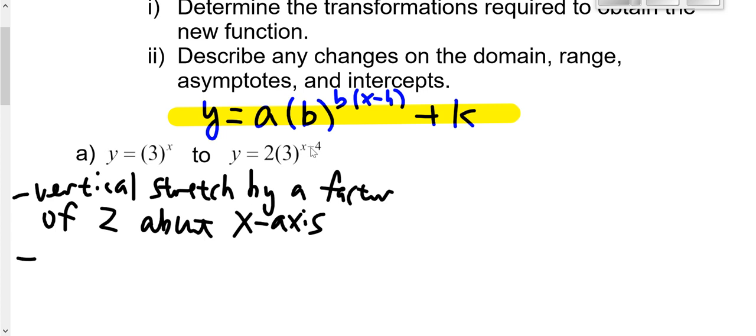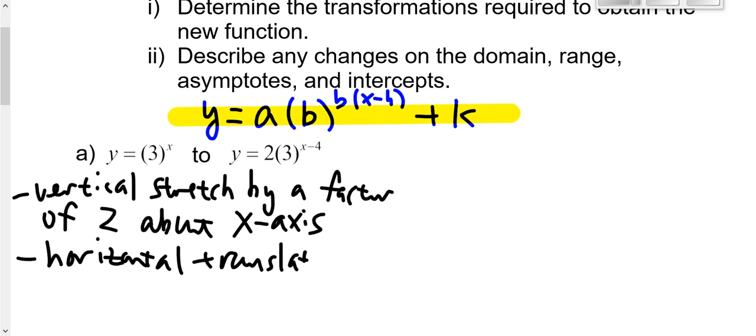So negative 4 here means positive 4 units to the right. So horizontal translation to the right by 4 units. Alright?